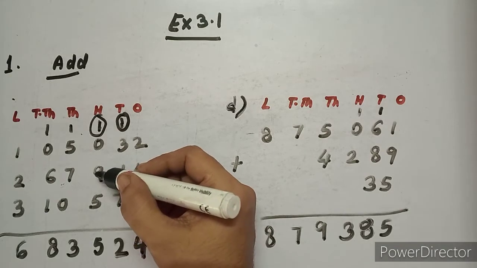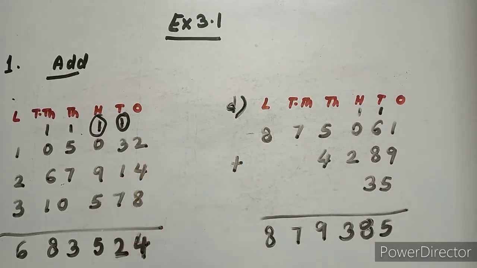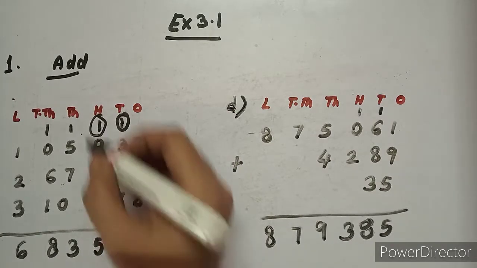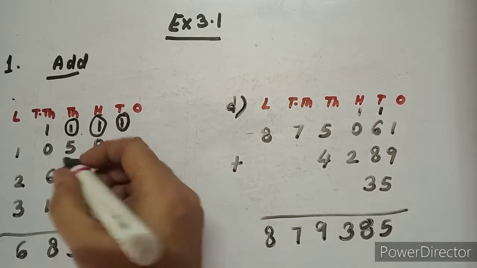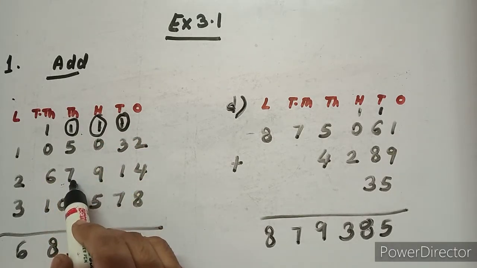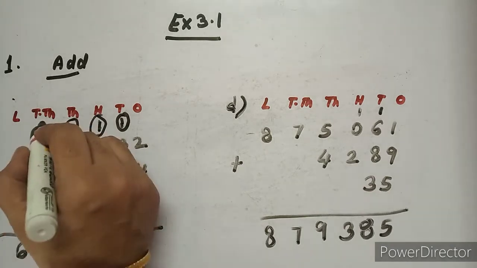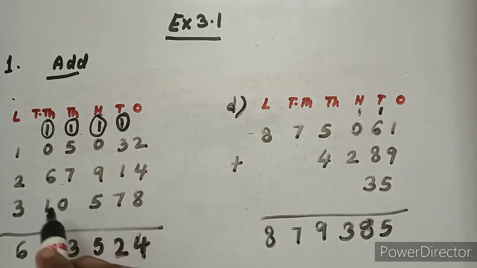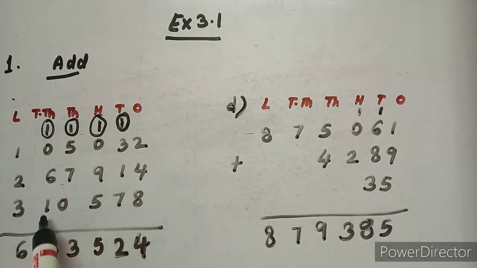Now here 9 plus 1 is 10, 10 plus 5 is 15, 5 down and 1 as carryover. Now here you can see that 5 plus 1 is 6, 6 plus 7 is 13. So I have written 3 and 1 is carryover. Then here you have 6 plus 1, 7, 7 plus 1 is 8.